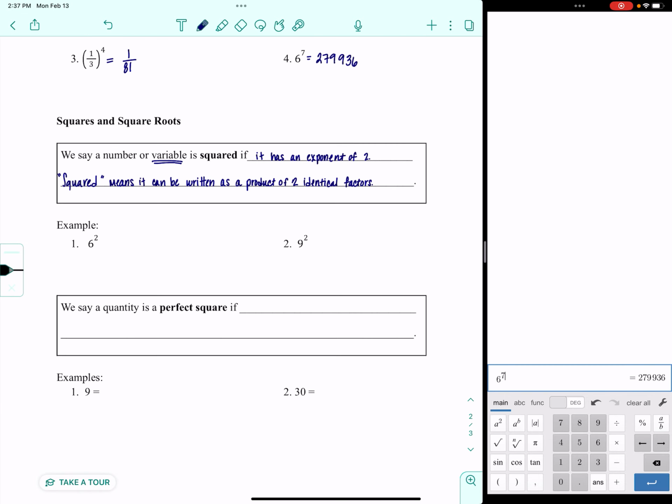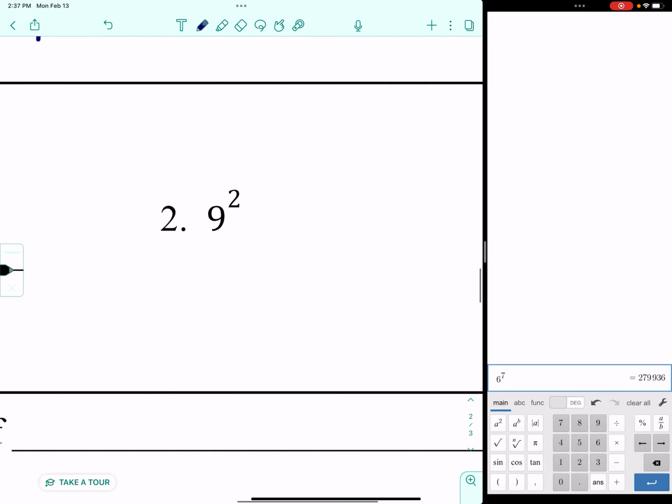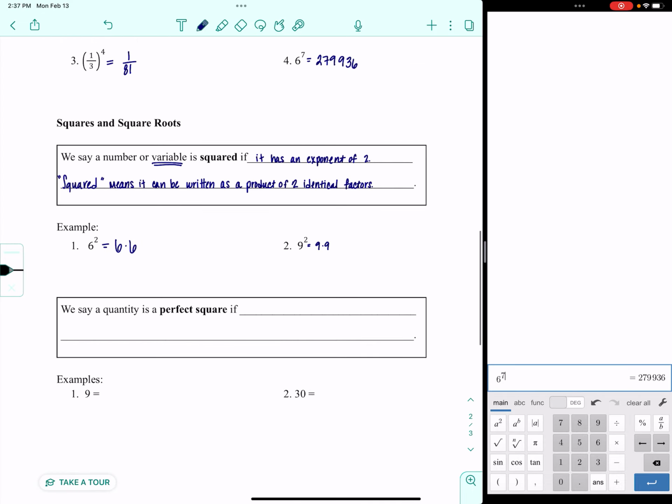To give you a couple of quick examples, 6 squared means 6 times 6, so it's a product of 2 identical factors. 9 squared means 9 times 9, which is 2 identical factors.